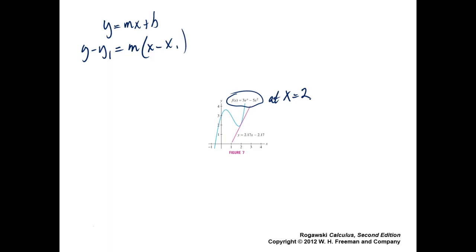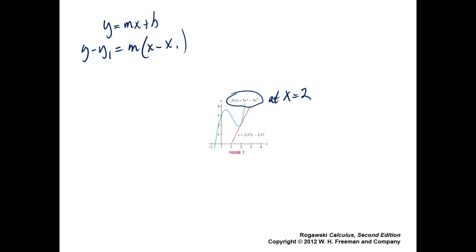I don't care which one you do first. You tell me. How do you know you've got a point? What does a point look like when you write it down? An ordered pair. Very good. And what's in that ordered pair? An x and a y.